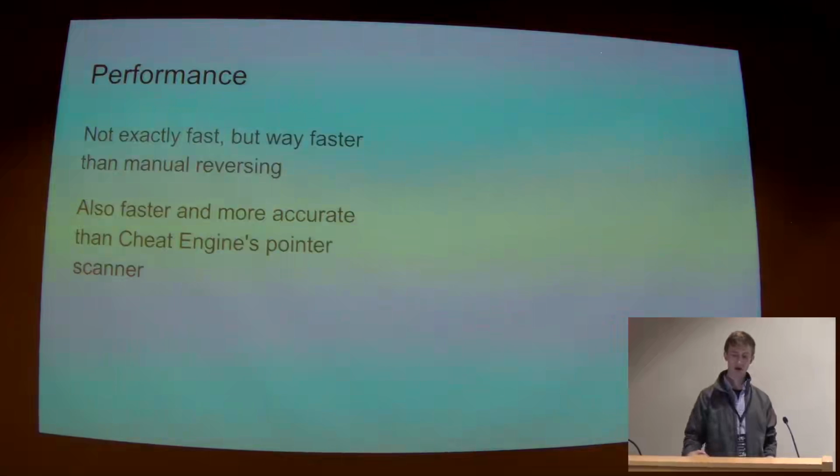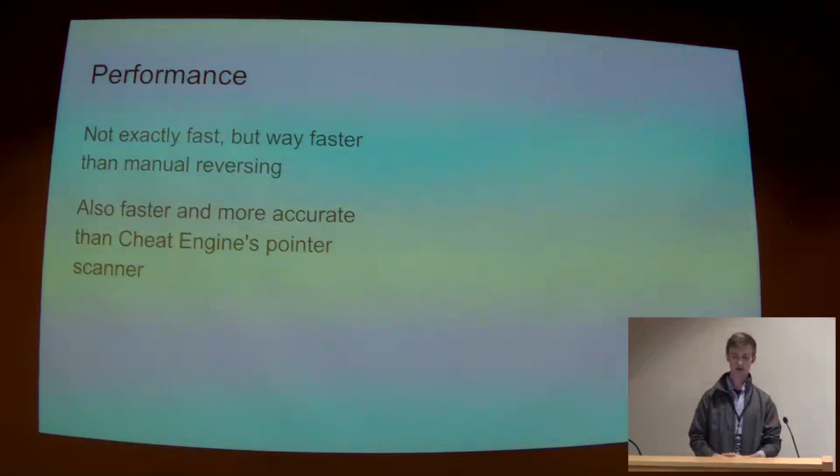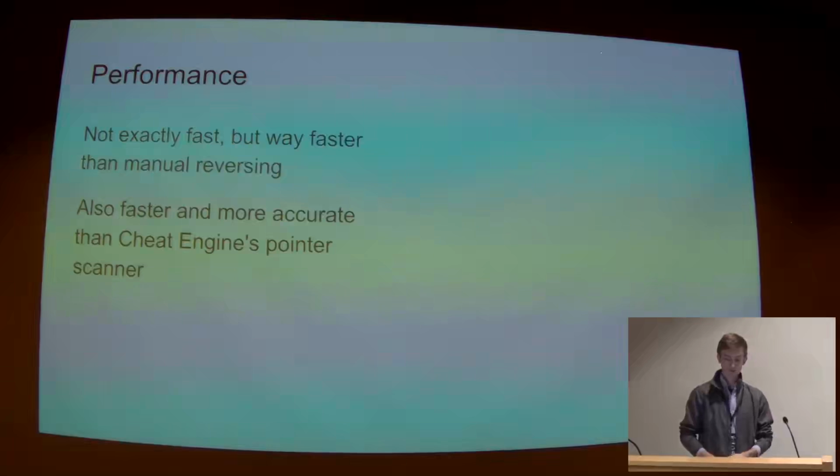My tool works its way up a recorded instruction trace, so it observes the execution of memory and then works its way from the address that you're interested in back to a static address. Cheat Engine's Pointer Scanner works its way down by brute forcing all the potential pointer chains that could possibly exist. It starts by looking at all of the values contained in static memory, and then brute forces pointer chains through some configurable level.